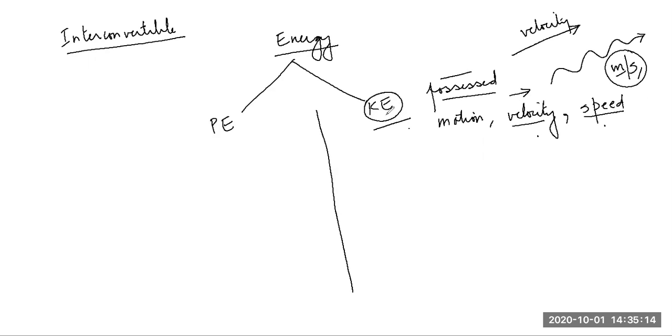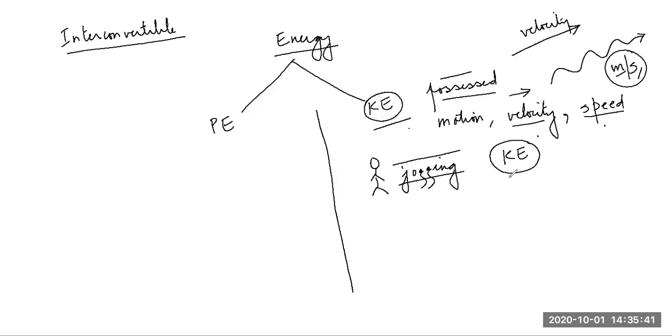So kinetic energy of a body is because of motion. Like, let's say one of our students starts running. She starts running in the morning. She's doing jogging. So at that time, as long as she's doing jogging, I can say that she's having kinetic energy.